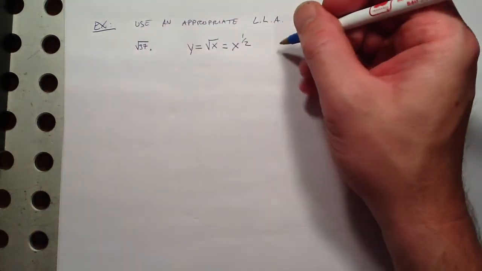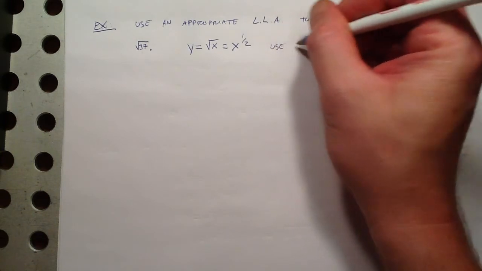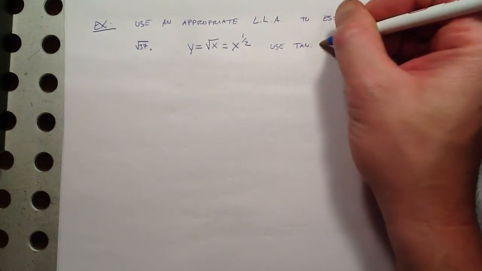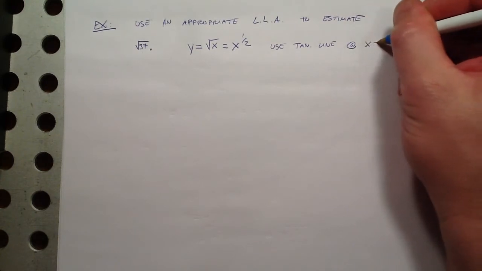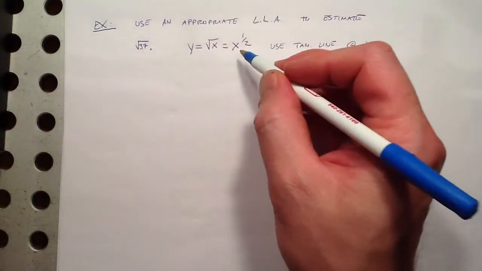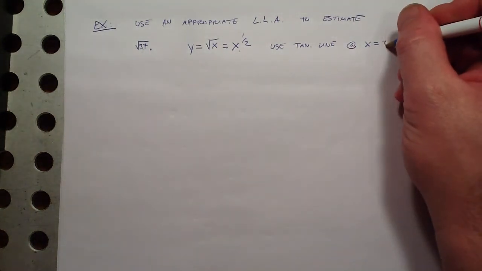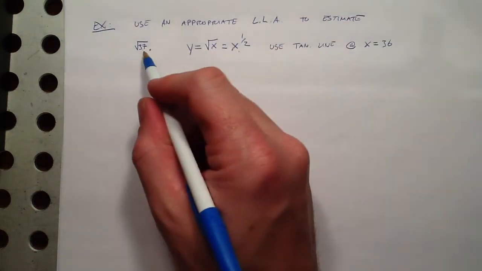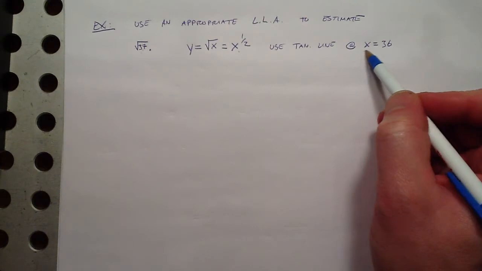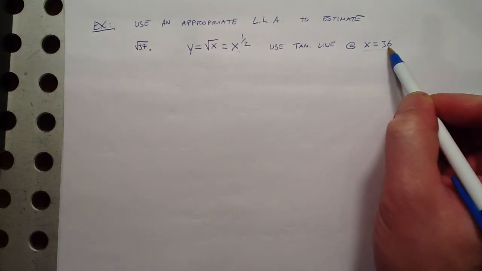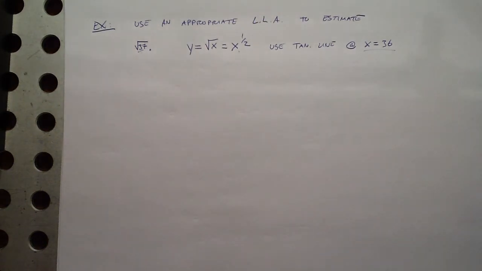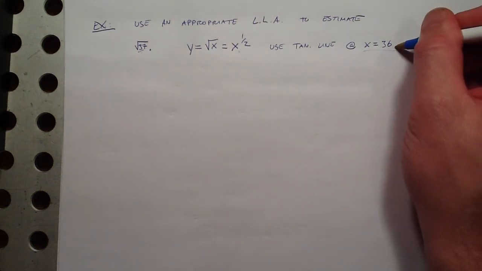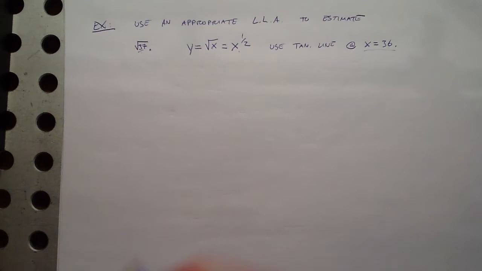And the nice point, we're going to use the tangent line at x equals 37 is not a nice number to plug in here, but 36 is, and that's close to 37. So we're going to use 36 to find the tangent line and then plug 37 into that equation. Okay? You can pause that for a second and think about that if you want to.